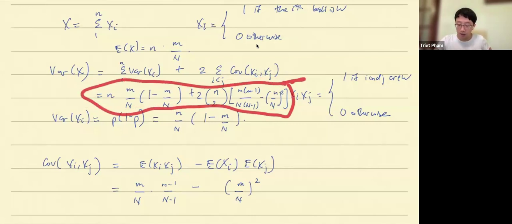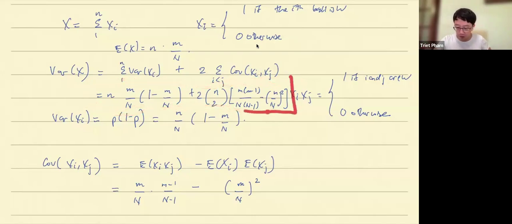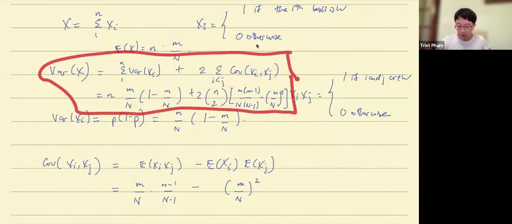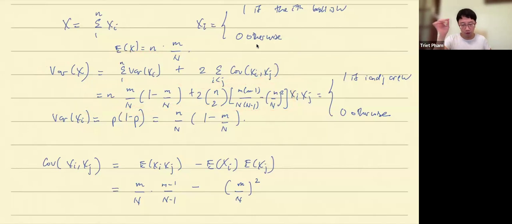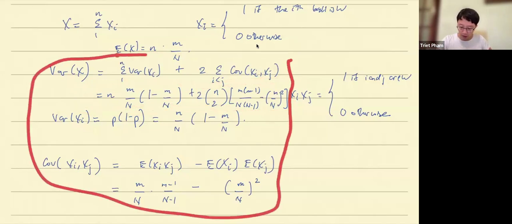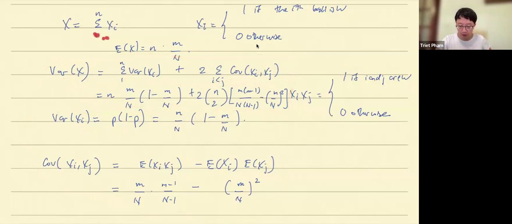I would claim, if you do this type of calculation enough, you see that this is much easier to deal with than the formula using the combinatorics that the textbook does. So this is an application of using the variance of the sum to find the variance of a random variable.